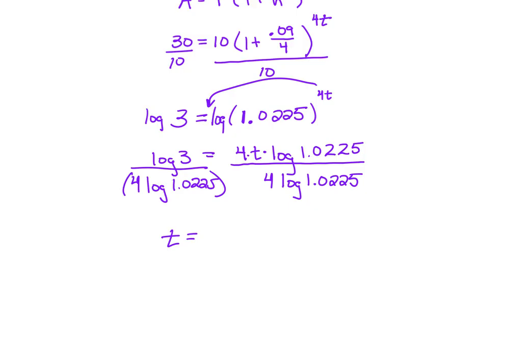All right, if we do this, I get t is 12.344, and so we're going to say 12 years. Again, depending on how they want it rounded.